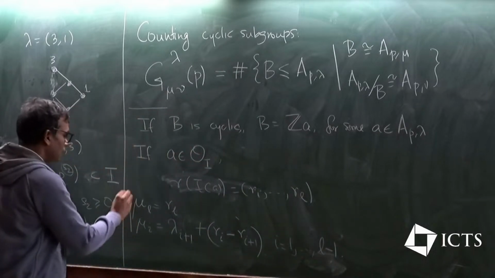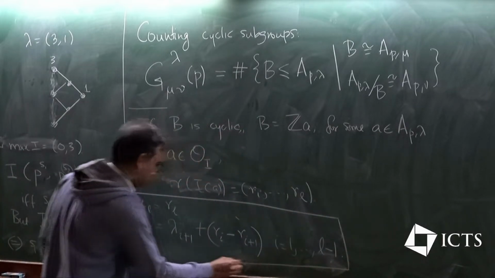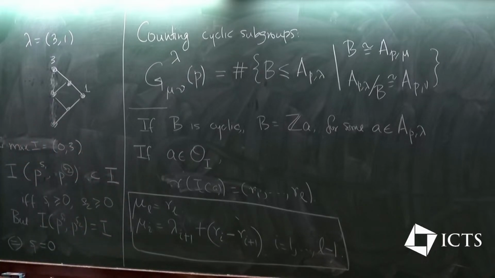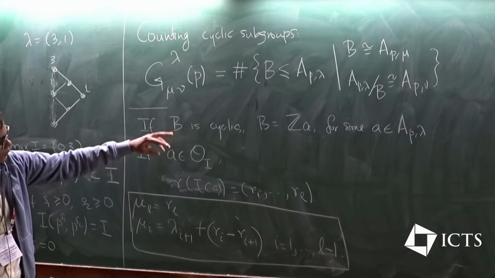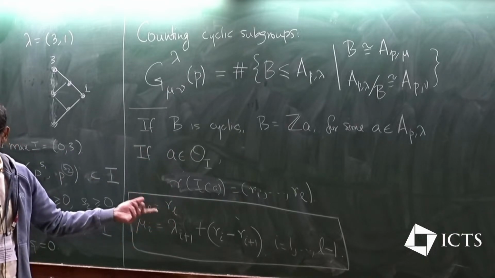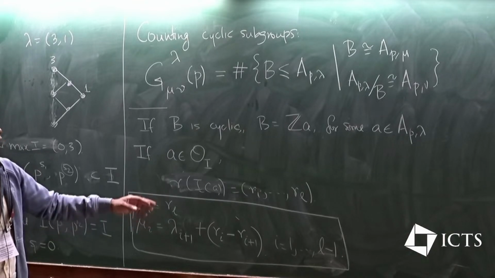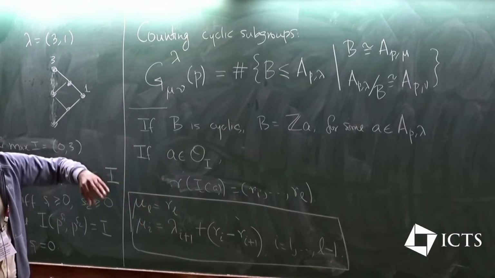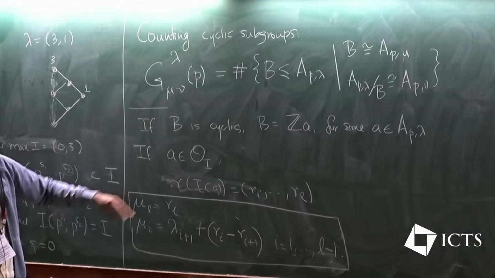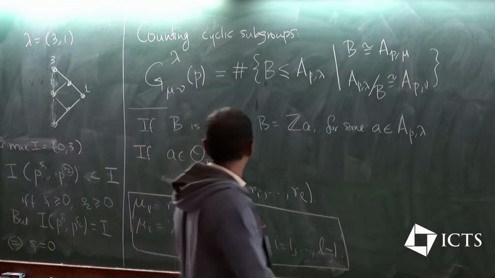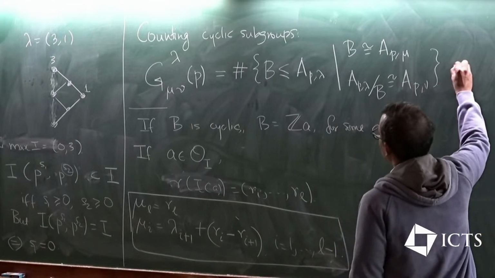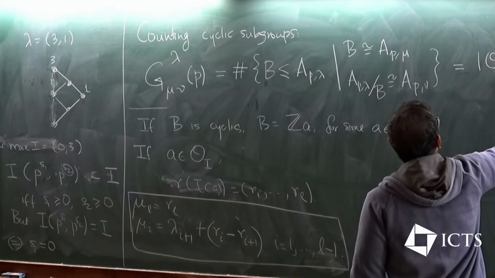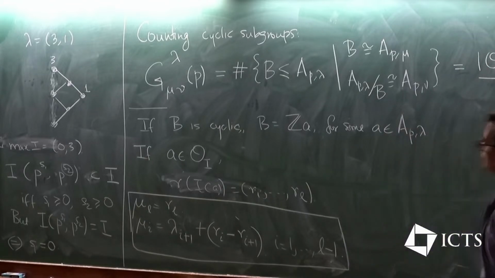So these formulas tell us that the orbit completely determines the type of the quotient group, and the type of the quotient group determines the orbit. So there's a correspondence between the type of the quotient group and the orbit, and all you get is that this thing is just the cardinality of O_I divided by the number of generators of a cyclic group.